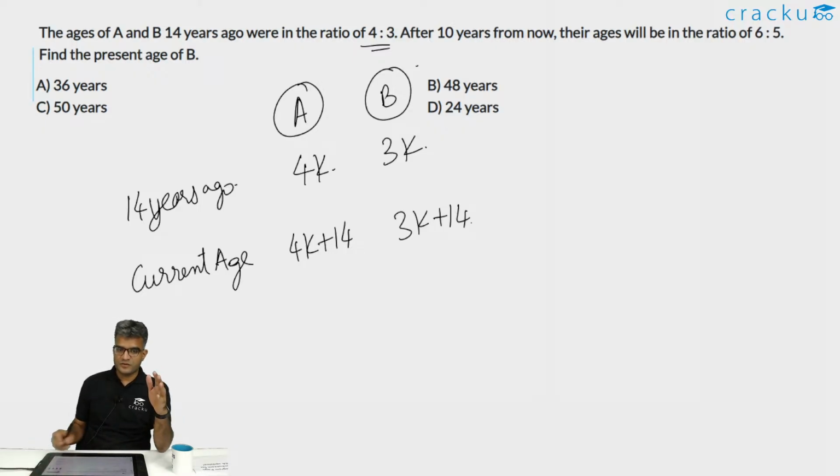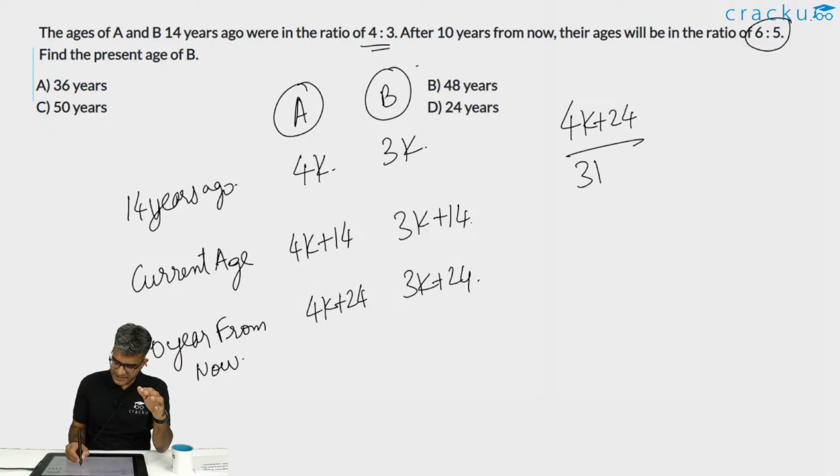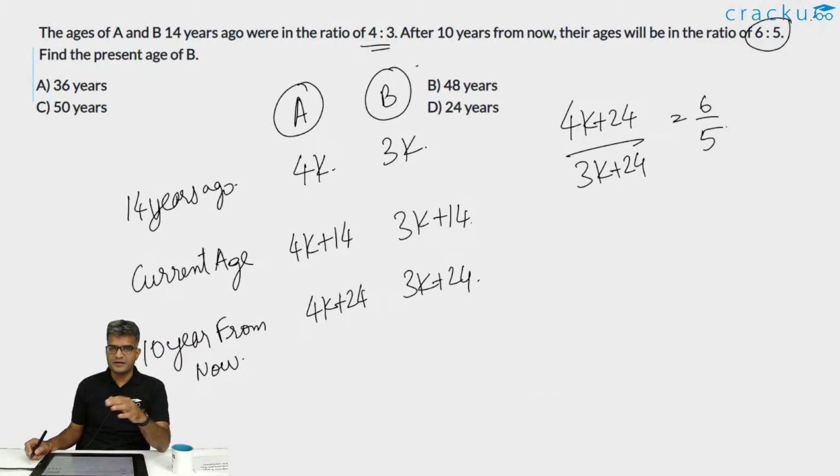After 10 years from now, what will their age be 10 years from now? It will be 4K plus 24 and 3K plus 24. This is in the ratio of 6:5. So (4K plus 24) divided by (3K plus 24) is equal to 6/5. Now let us cross multiply.